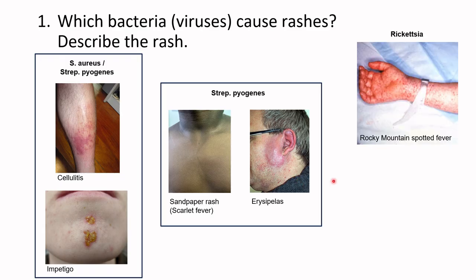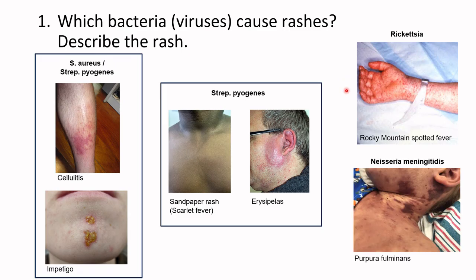Then what we already saw before also was this Rocky Mountain spotted fever appearance, caused by Rickettsia, for example. Or we might think about what is going to be the topic of this lecture, Purpura fulminans, caused by Neisseria meningitidis in most cases, and Neisseria meningitidis should be the first thing that you think of when you see this Purpura fulminans.